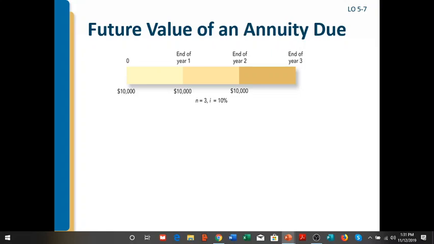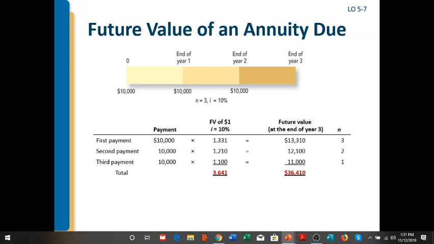Now with an annuity due, the same example, your first payment is being paid up front, and so it's going to accrue interest, compound interest, annually for 3 years. Your second payment's going to earn interest for 2 years, and your last payment's going to accrue interest for 1 year.